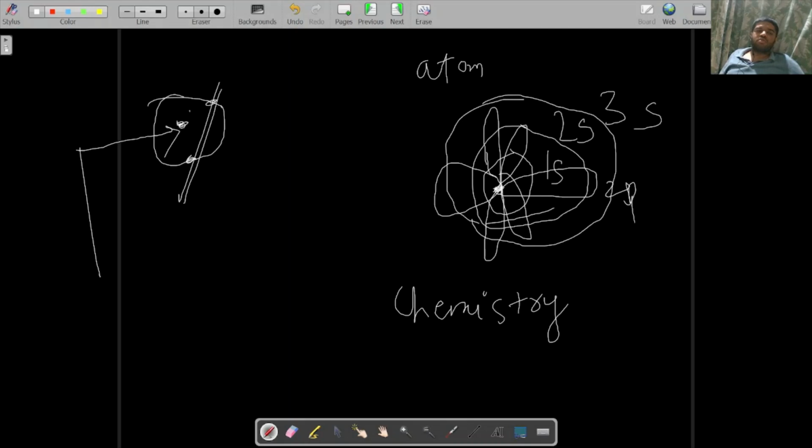But when you come to the nucleus, the things are very different. This nucleus was studied far later, far after the electrons.